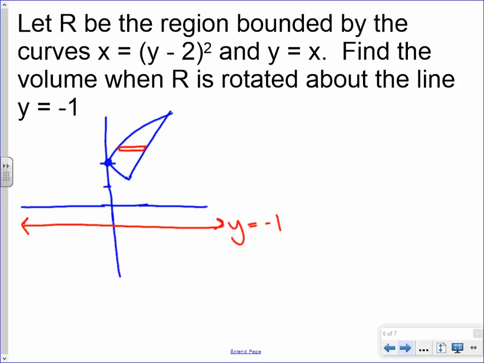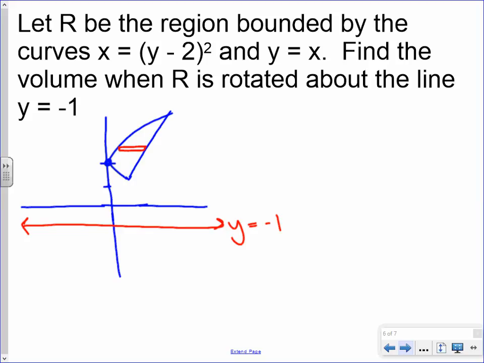This is one where the shell method is going to be way nicer because the function on the right is consistent, the function on the left is consistent. But if we try to draw vertical rectangles, we would have to do more than one integral. We don't really want that, do we?